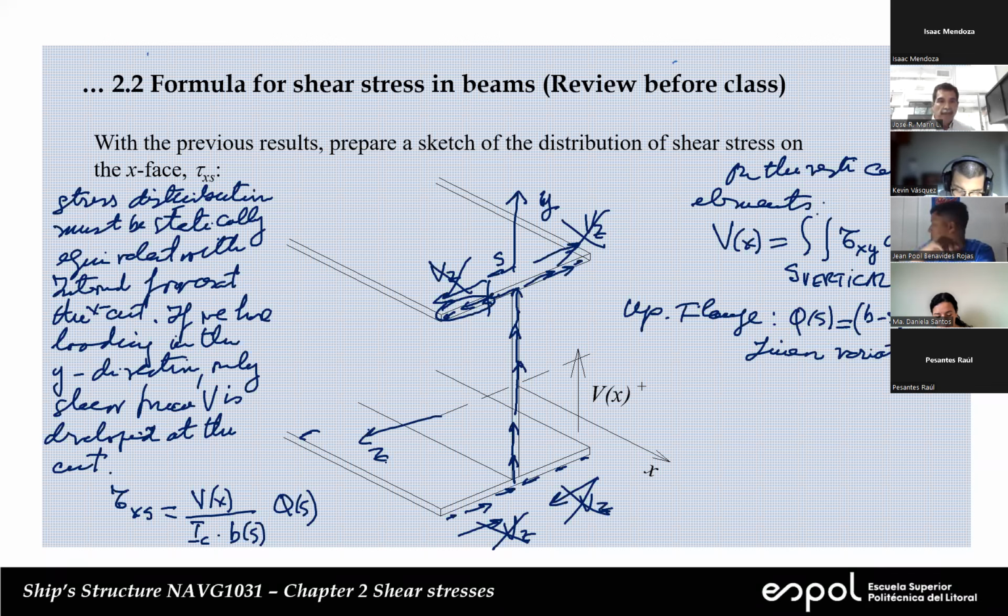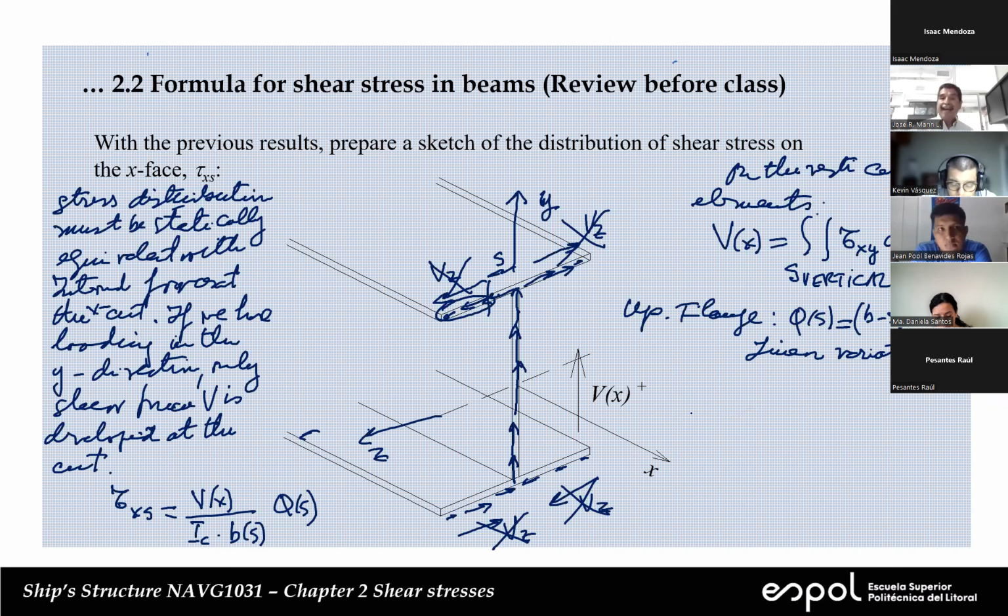If you put it in the formula for tau, that means that on the upper flange, the shear force, of course, is constant for the whole section. The inertia, again, same thing. And the B in the denominator, usually the thickness is uniform for the flange.